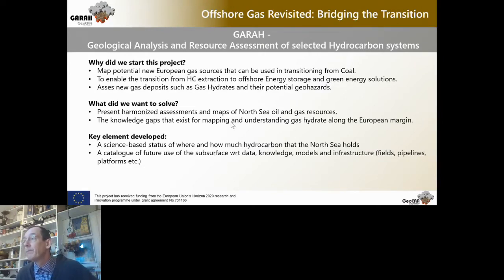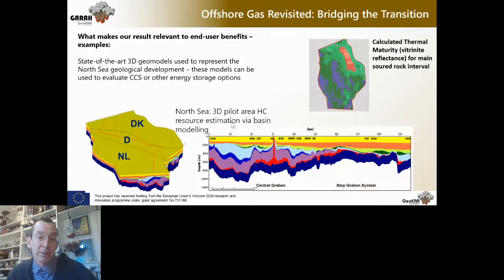This is just an example of how we use one of the 3D models that Stefan just presented. This is the 3D model within the Danish, German, and Dutch part of the North Sea. We use this state-of-the-art geomodel to present the geological development and assess the hydrocarbon in place in this area.